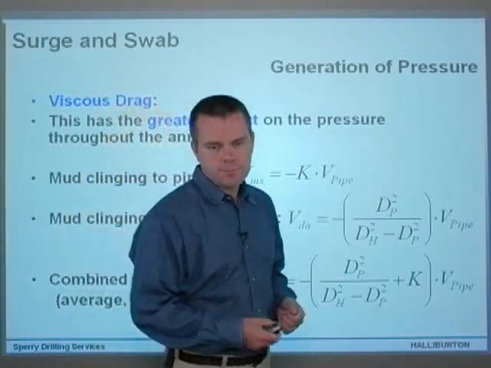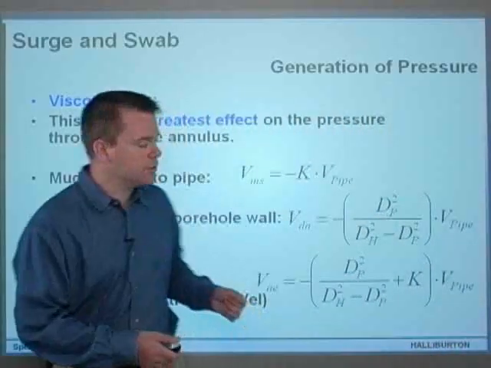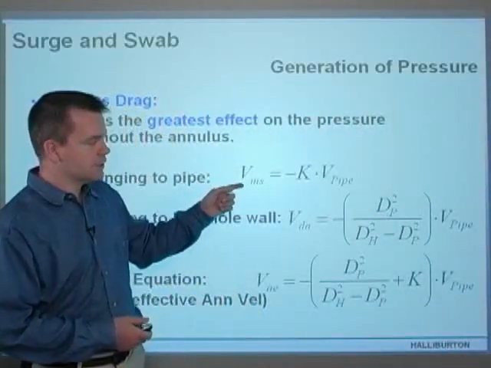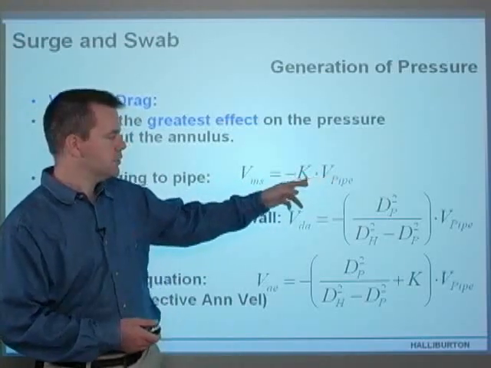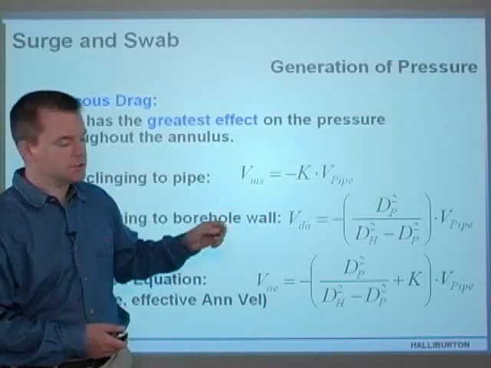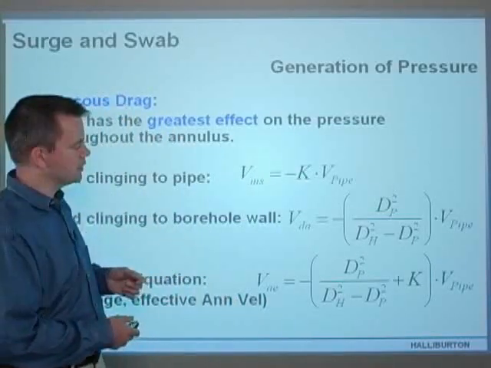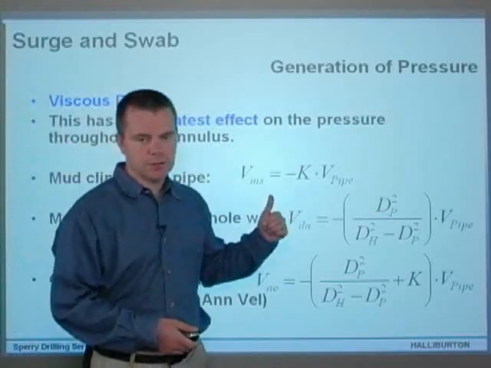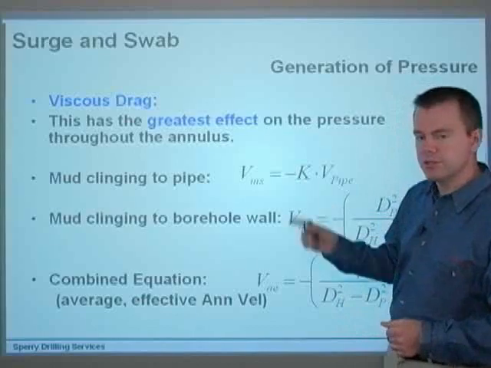And the equations for viscous drag, just to quickly show you what these are, we've got the velocity of the mud clinging to the pipe is basically the velocity of the pipe times some constant, which is called negative K, which is actually the Burckhardt clinging constant. I'll explain that on the next slide, what sort of value that K value actually is.